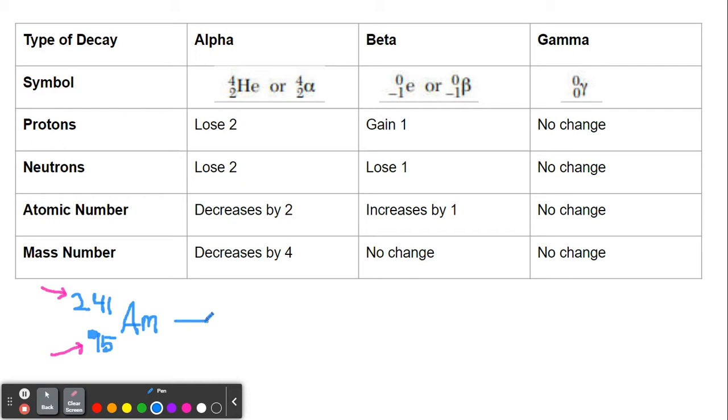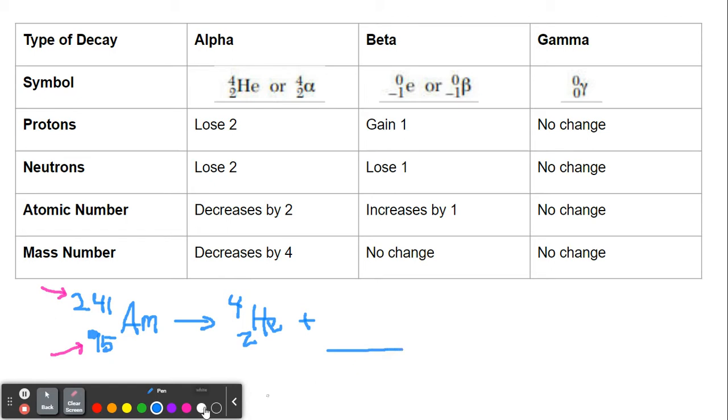And when that happens, it's going to lose those two protons, it's going to lose those two neutrons, and we're going to see it change and stabilize into a different atom. So again, we're going to lose a helium atom in alpha decay. So you're going to see helium involved in the equation. And then we're going to figure out what did it turn into in the end.